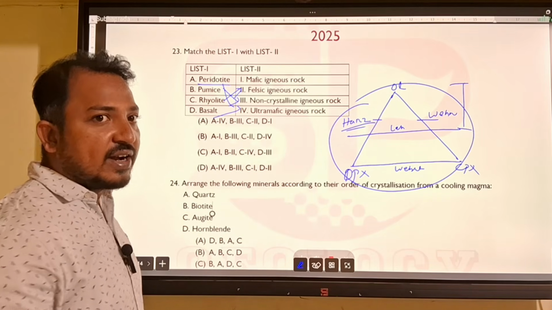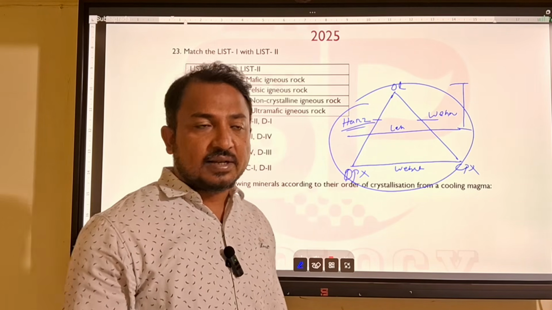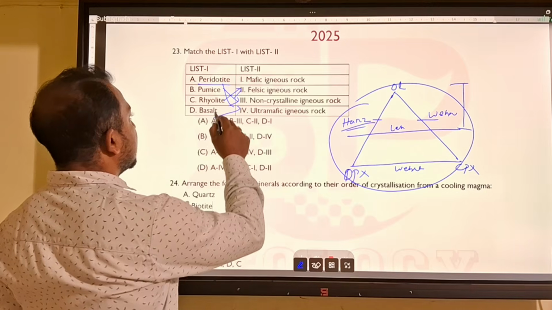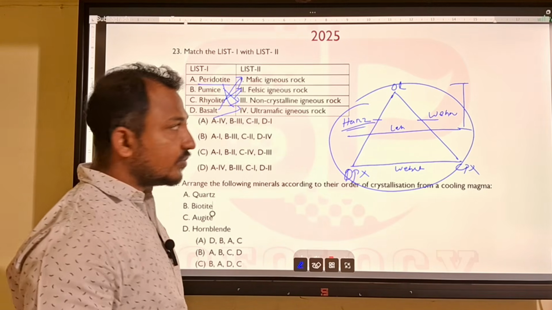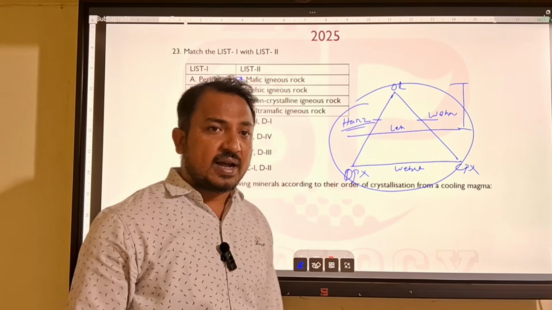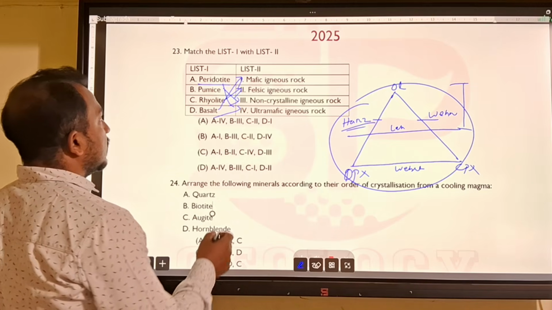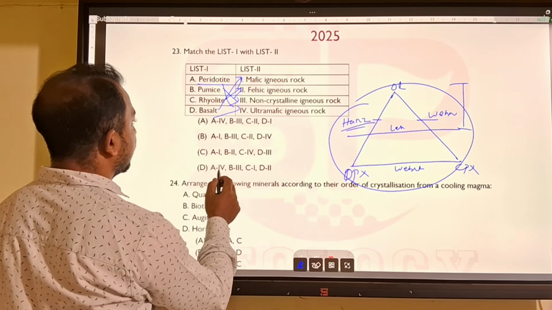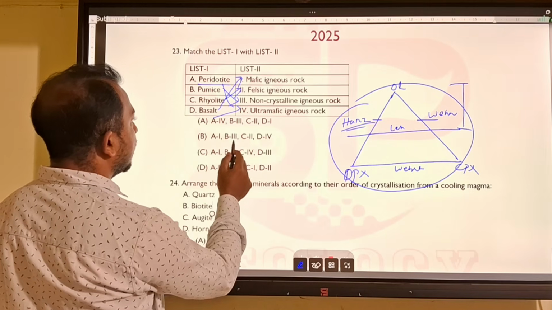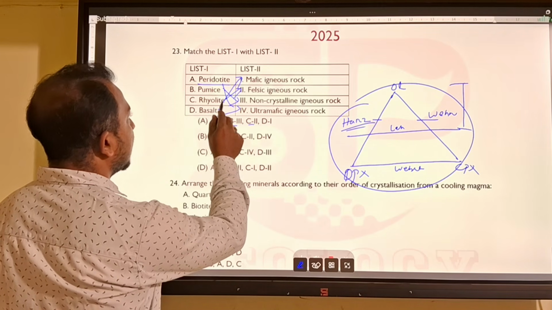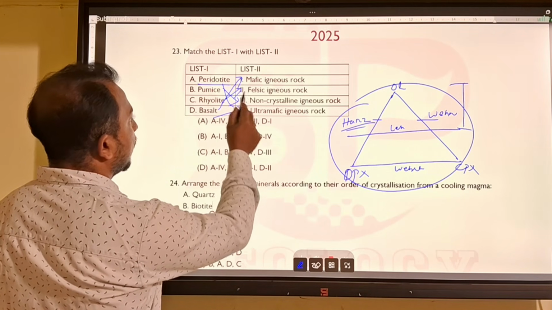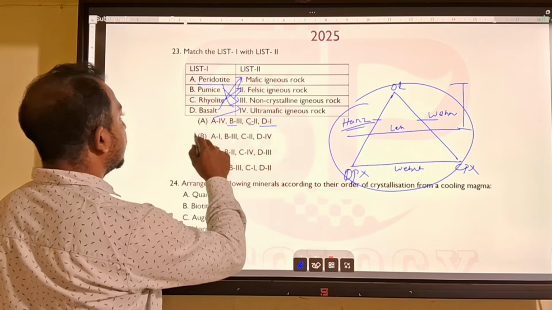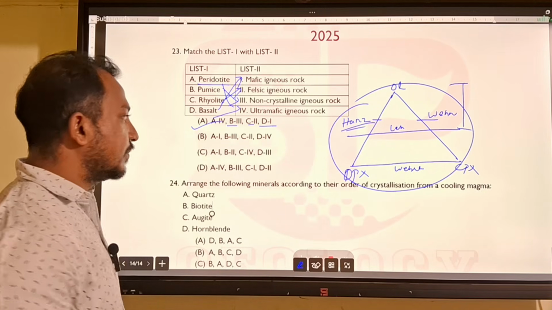It is the volcanic equivalent of granite. Granite is felsic. Then basalt is mafic, which contains magnesium and iron. So our answer will be A is 4, B third, C 2, D 1. So A will be the answer.